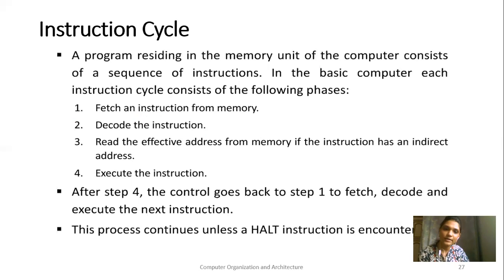And fourth one is execution of the instruction. And if you have done this process for the first instruction, fetch, decode, calculation of effective address and execution, then the second instruction, third instruction, fourth instruction, and so on. All instructions are going to be fetched, decoded, and executed up to when you get the halt instruction. So this is your simple procedure for any instruction to be executed: fetch, decode, calculate effective address, and execute the instruction.